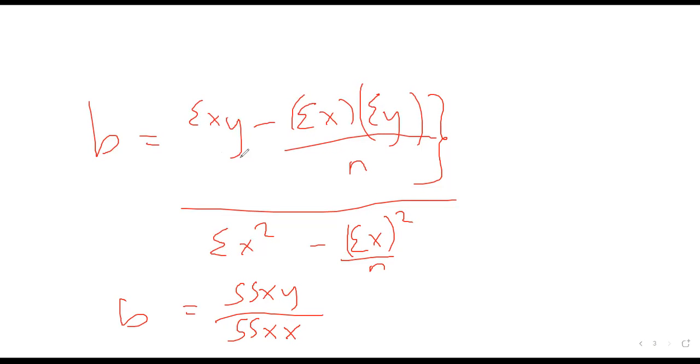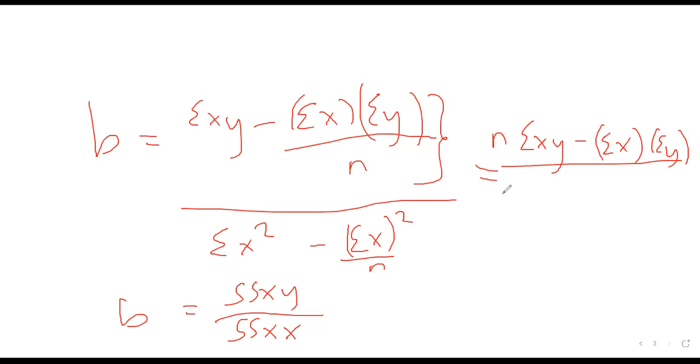Using mathematical manipulations, you don't want to deal with fractions. You can just put this x here. This comes out to be n summation of xy minus summation of x times summation of y, everything divided by this n now comes here.